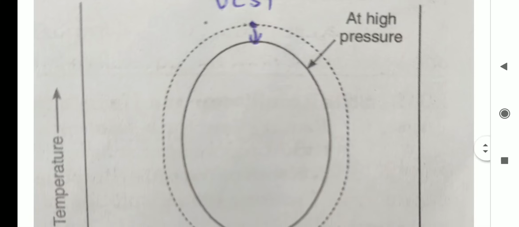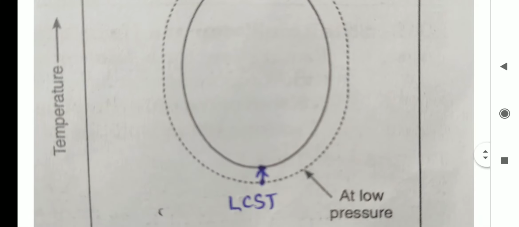Similarly, if I see about LCST, so lower critical solution temperature is represented on the dotted ring, and with increase in the pressure, solubility increases, so LCST is increased.